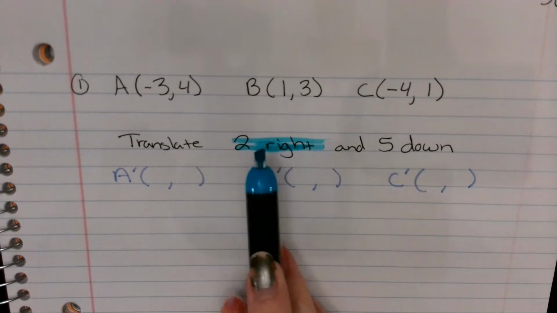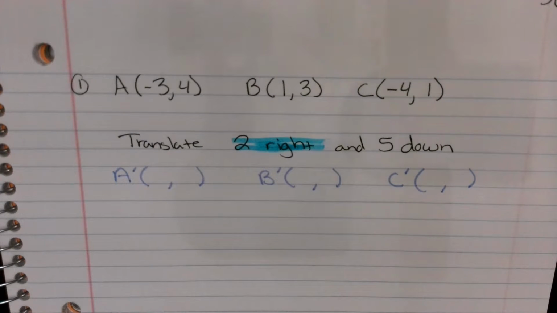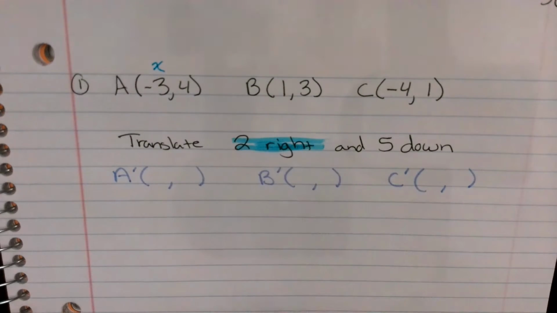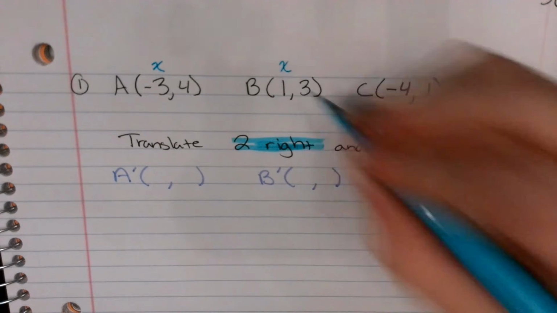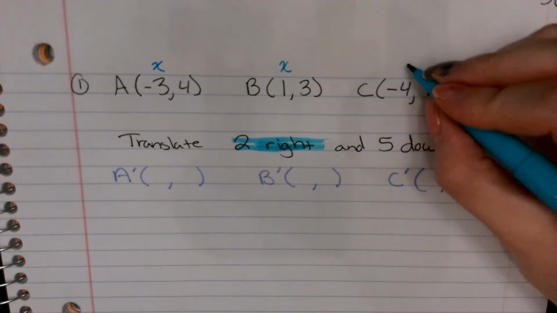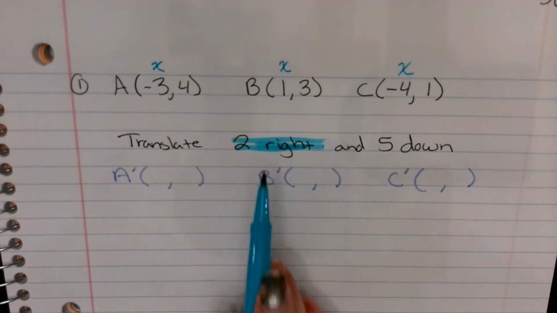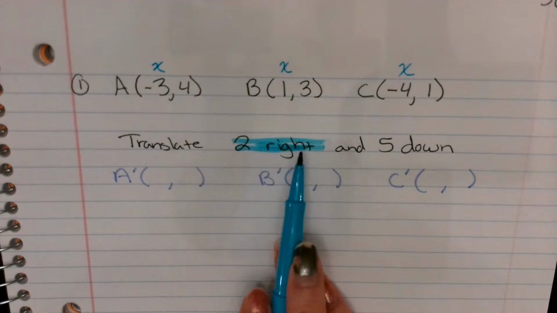So knowing that I'm moving 2 to the right, that means I'm going to take every single one of my X coordinates. So again, negative 3 is an X coordinate, positive 1 here is an X coordinate, negative 4 is an X coordinate. I'm taking each one of these X coordinates and I'm going to move to the right 2.